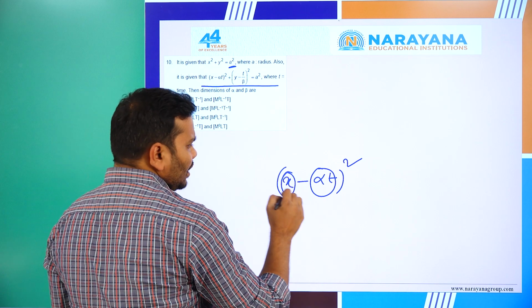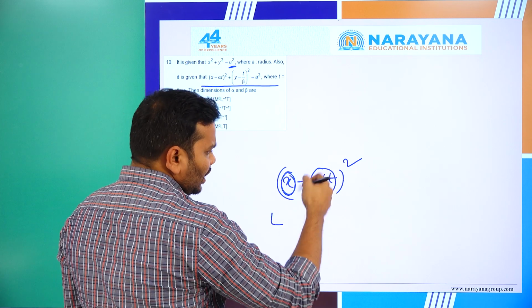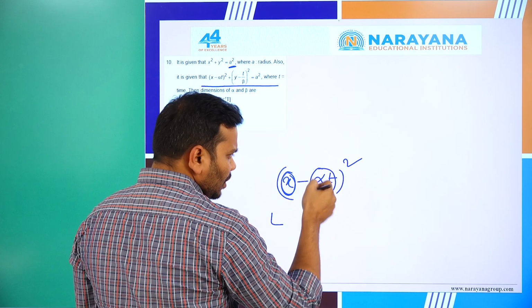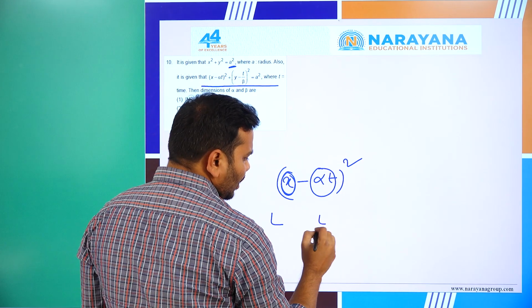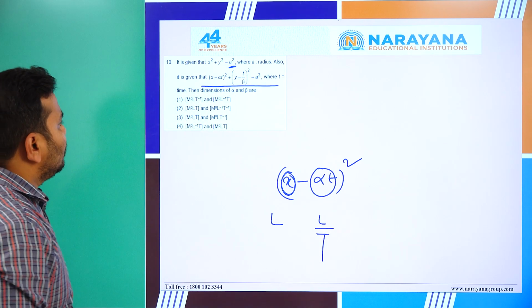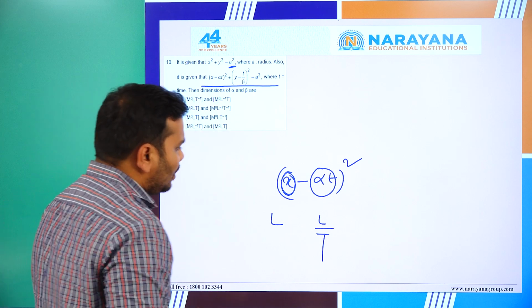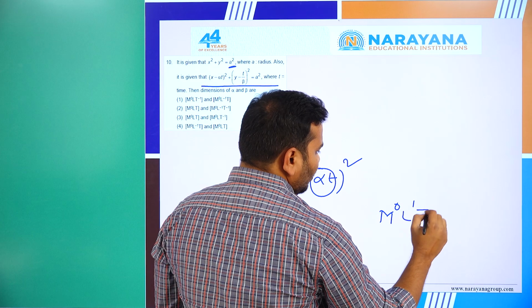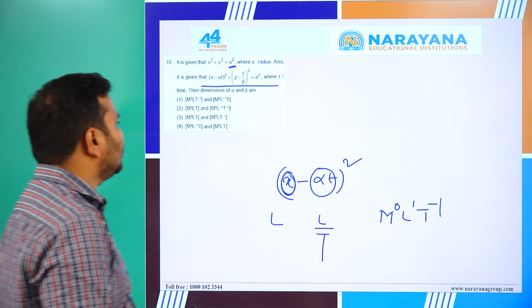As we know, the dimension of x is L, so for alpha t the dimension must be L. That is only possible if the dimensions of alpha are L by t. So the dimensions of alpha I can write as M power 0, L power 1, T power minus 1.